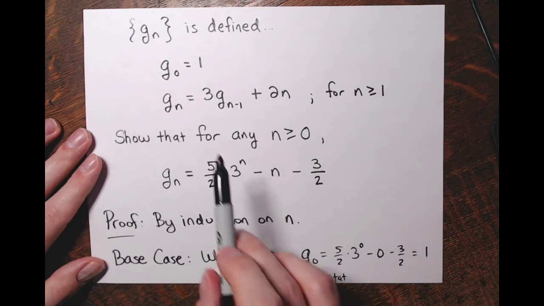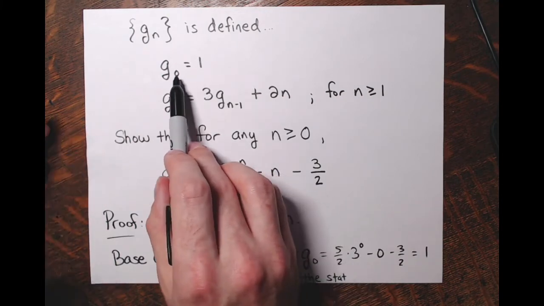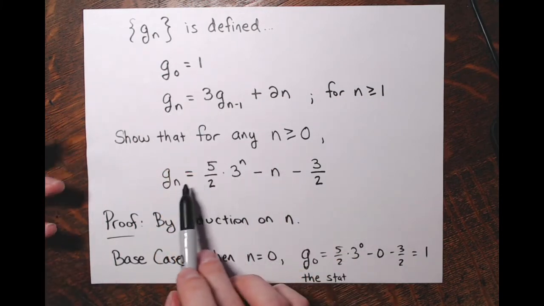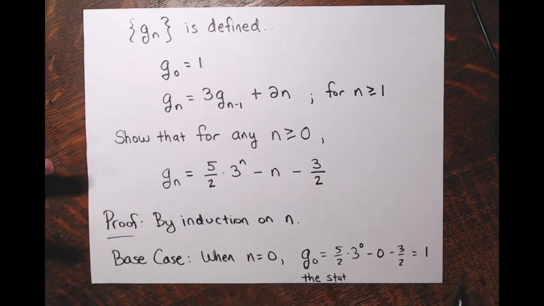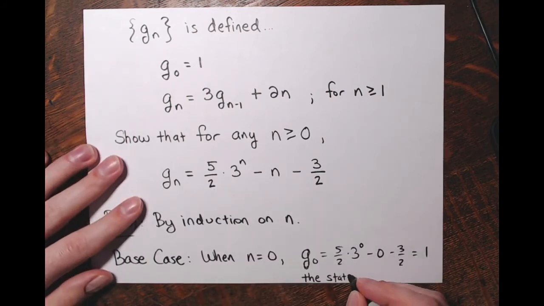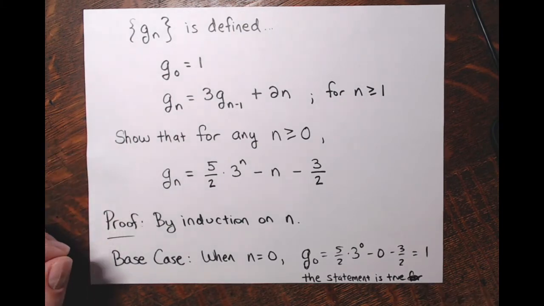The term of the sequence when n is 0 is 1 here. The term of the sequence described by this rule is also 1 when n is 0. So the statement is true for this base case, for when n equals 0.